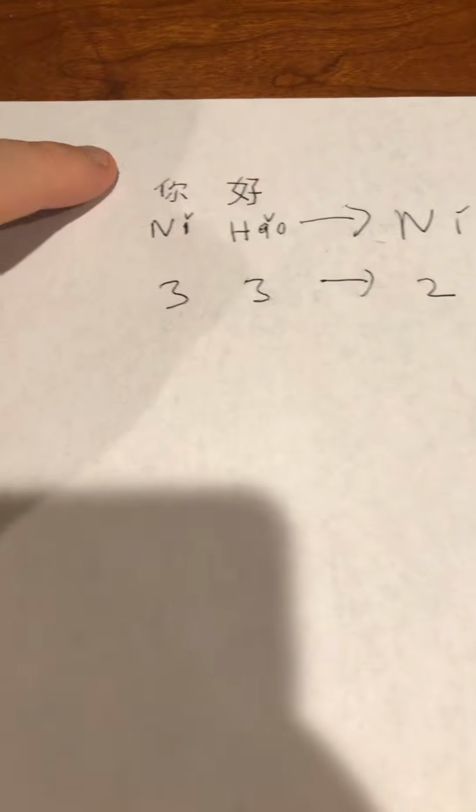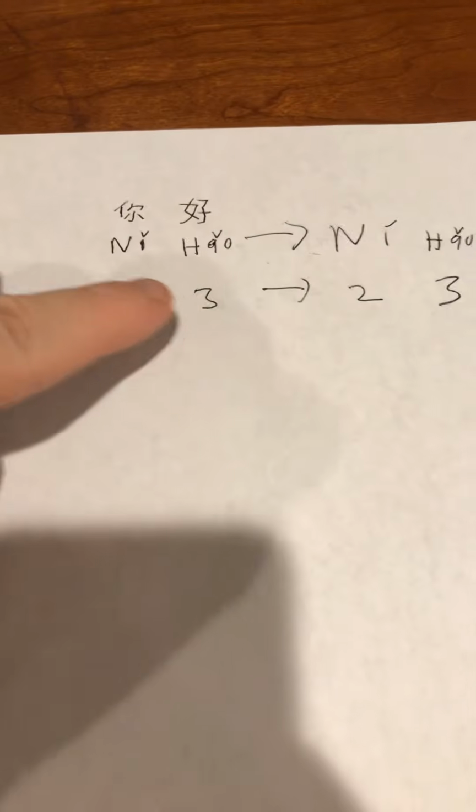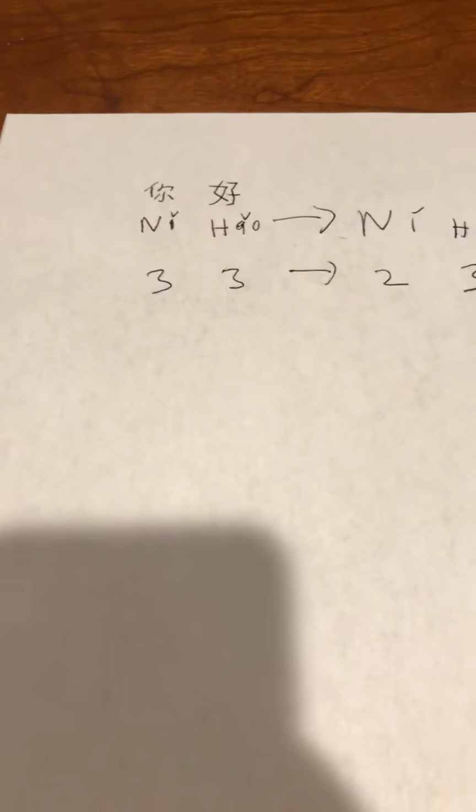So ni means you, and hao means good. Okay, you good? Are you good? It literally translates into you good, but it translates into just hello or hi. In English, it's just hi or hello.